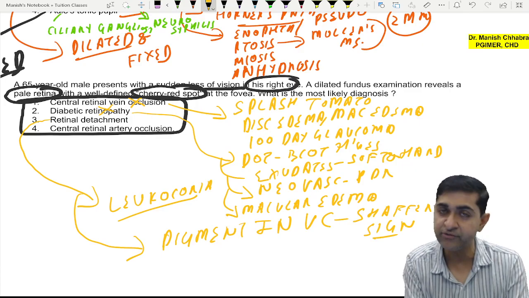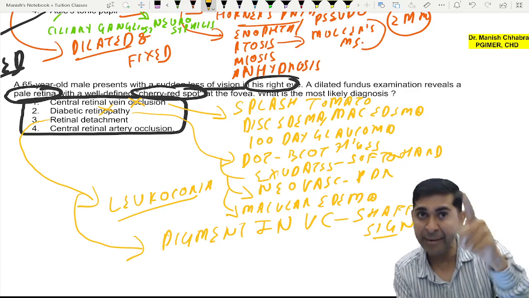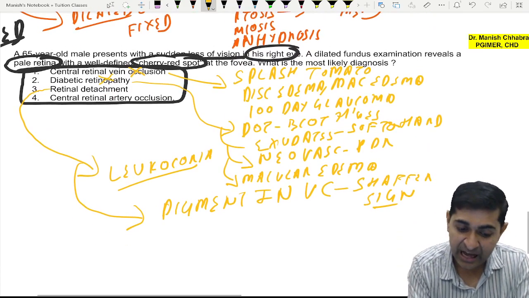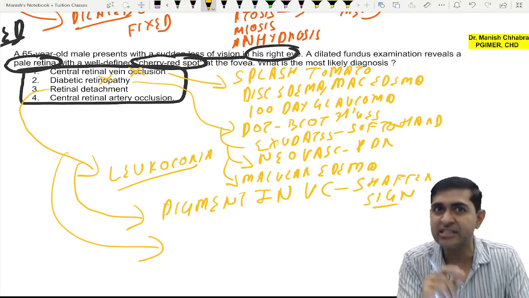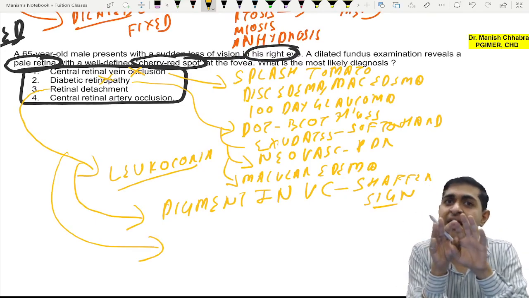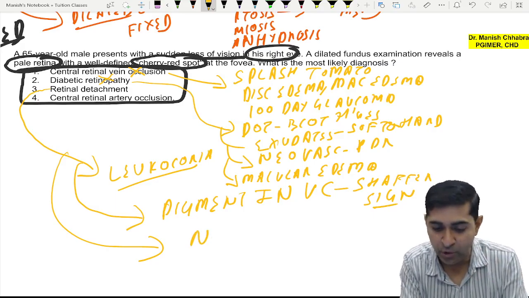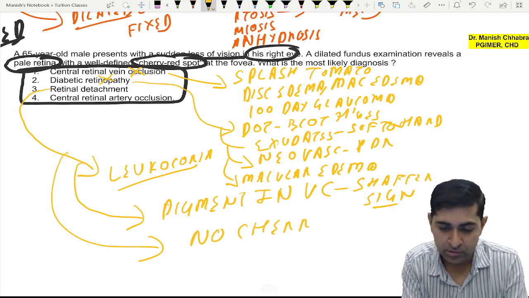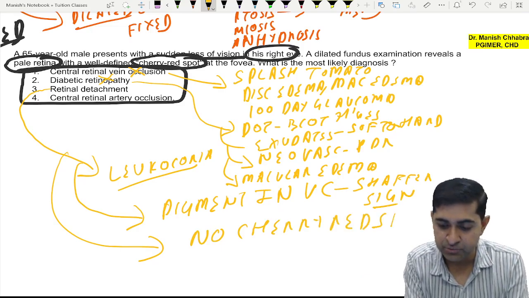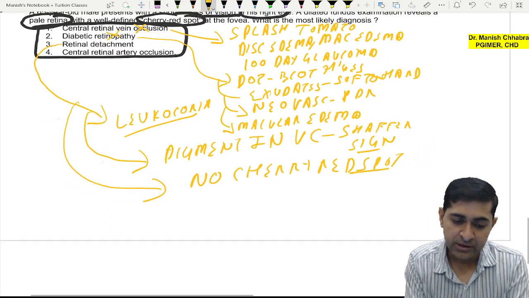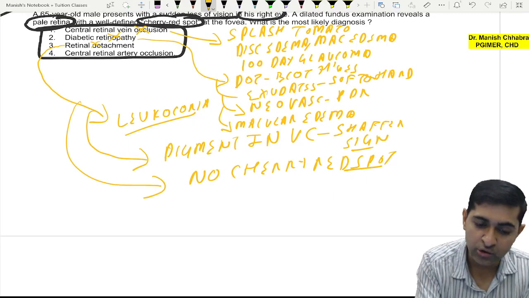Of course, the loss of vision will be sudden, painless, but the retina will not be pale. When you do fundus examination, you will see that the retina has got a blood supply, but there will be no cherry red spot. No cherry red spot. Okay, so this is also ruled out.